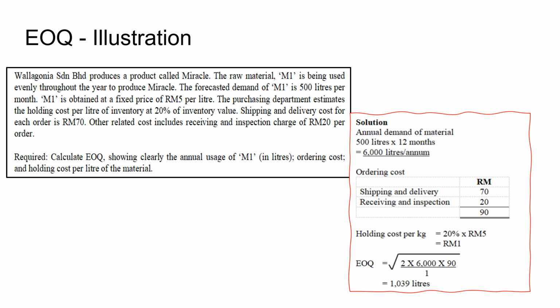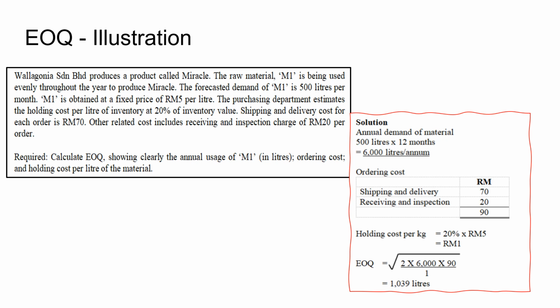Therefore, the annual demand of M1 is 6,000 liters per annum. You need 6,000 liters of M1 for the year. Next, we identify the ordering cost. Remember, what is ordering cost? Ordering costs are costs incurred in making the order of the material.